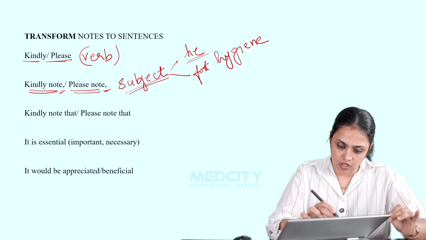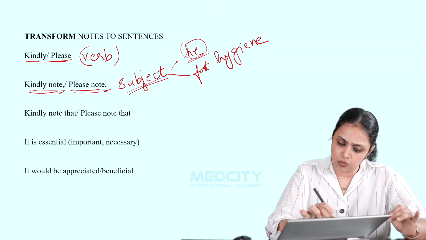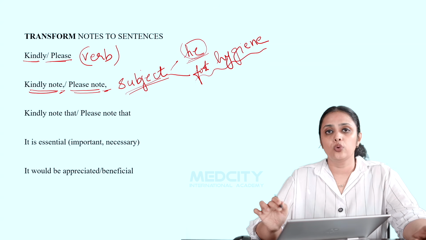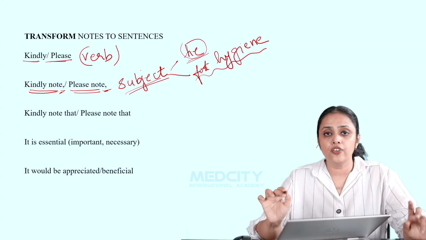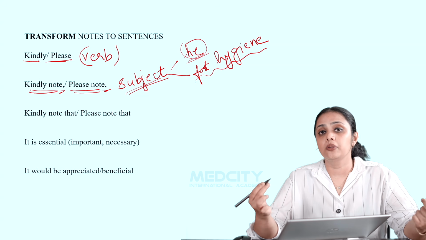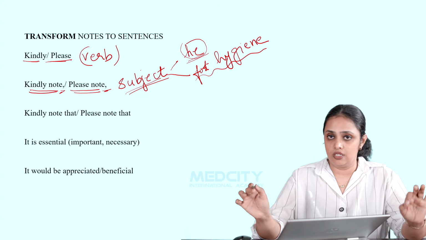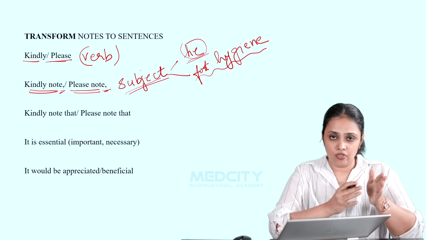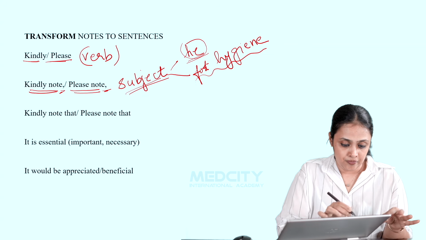So that is one common subject form we use. Other than that, we can go for subject forms like this also. For example, please note, morphine should not be administered to Mr. Jacob after 1 week. So there the subject is morphine.